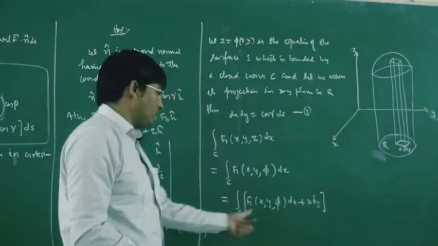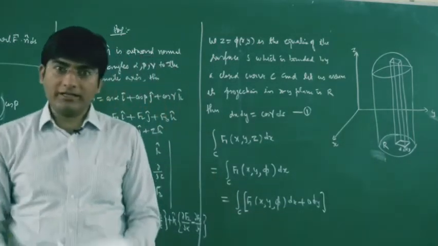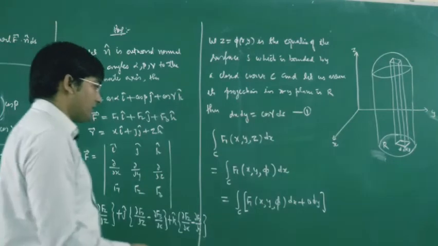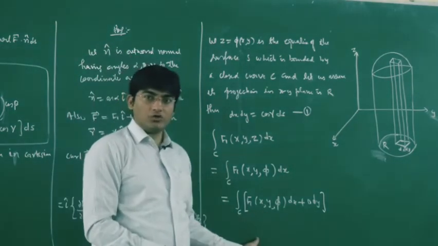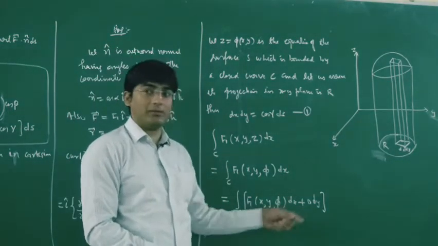Now we have this line integral, and with the help of Green's theorem for plane, this line integral can be written in terms of a surface integral in a plane.